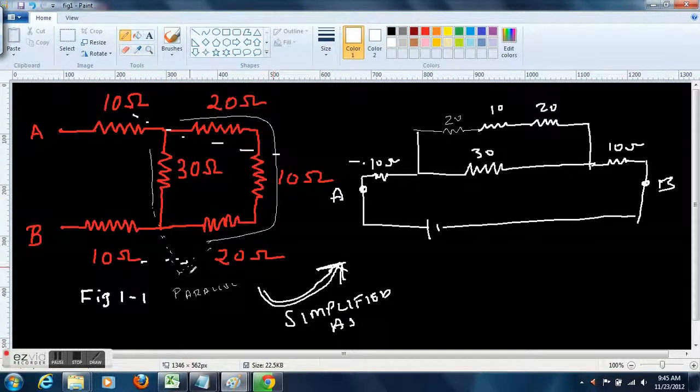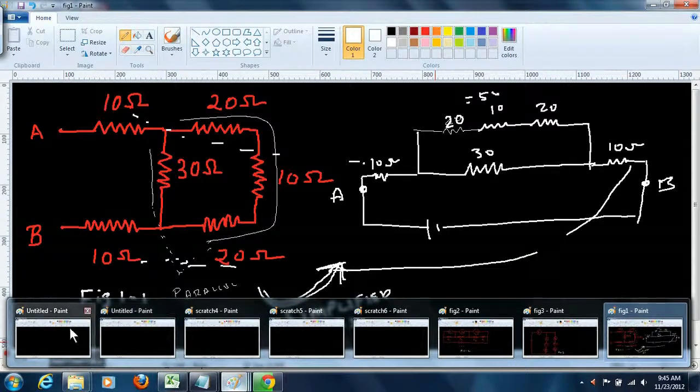So this 10 is this 10, and this whole thing is coming here. This is 20. Now 20, 10 and 20 becomes 50. So 50 and 30 in parallel.